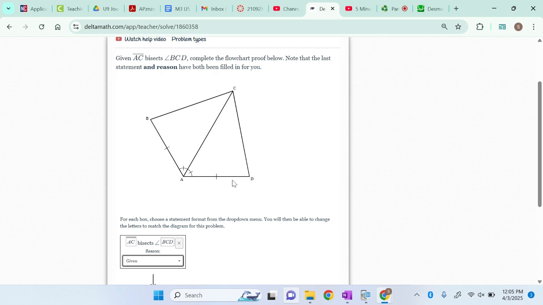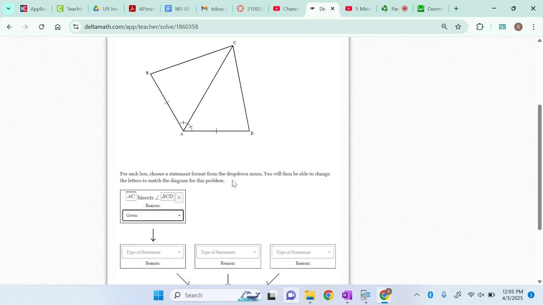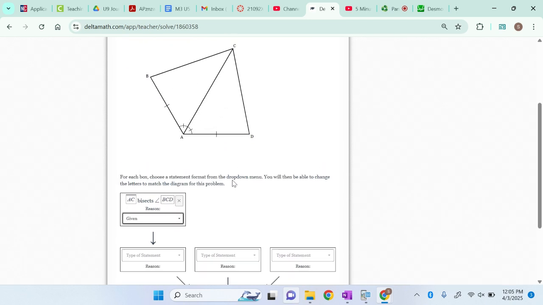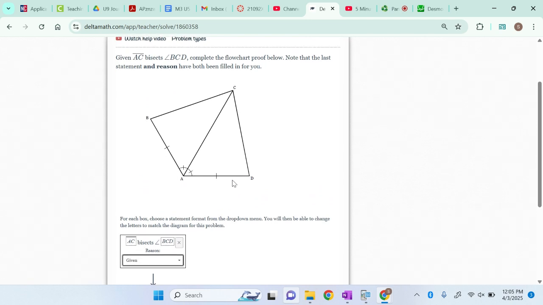Now, once we get there, what directly corresponds to that side bisecting that angle? What information do we get from it? So the next part of the flow chart, the statement that goes directly below this one, is basically how does the bisector affect this angle?